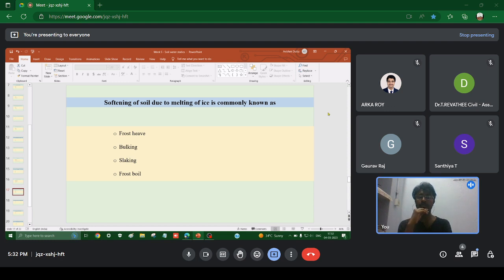I'll repeat the question. Softening of soil due to melting of ice is commonly known as frost heave, bulking, slaking, or frost boil. Next question.